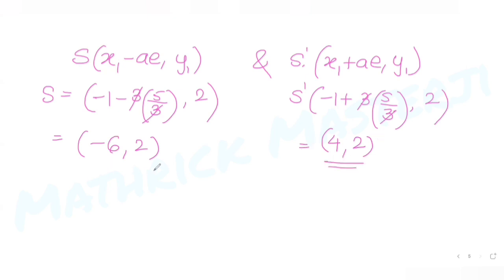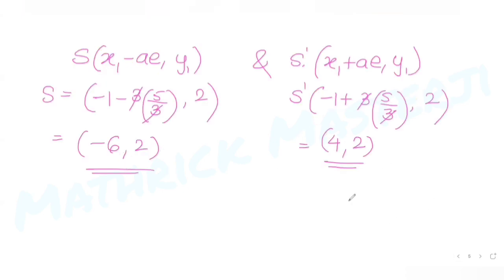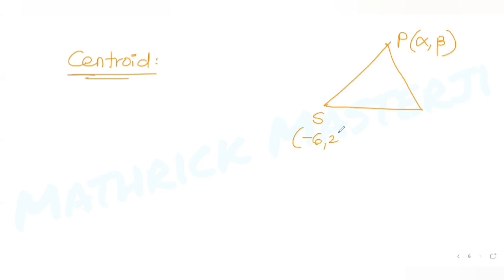Now that I have the two foci points, let's find the centroid of the triangle. We have been told there is a triangle with three points. One is P, let's say with coordinates alpha comma beta. The other is S, with coordinates minus 6 comma 2, and the third, S dash, has coordinates 4 comma 2. Let's say the centroid of the triangle is G, which is h comma k.